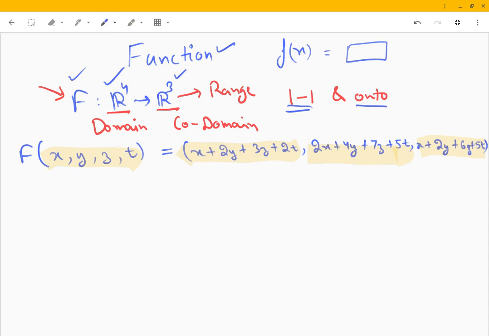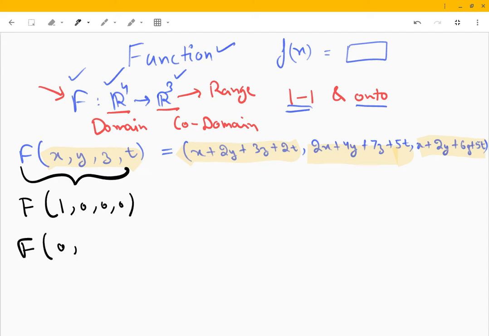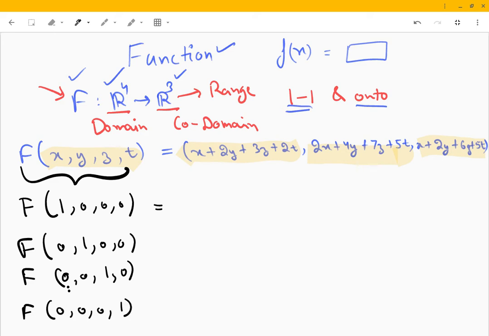What are the bases of a four-dimensional space? We have 1, 0, 0, 0, then 0, 1, 0, 0, and similarly, you get the idea: 0, 0, 1, 0, and 0, 0, 0, 1. These are the bases for R4.